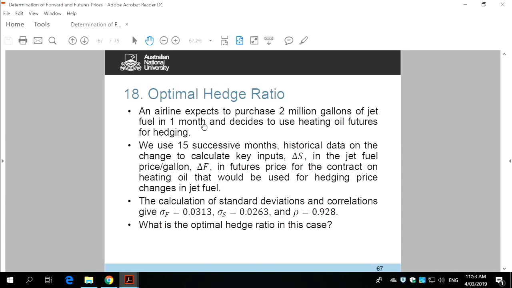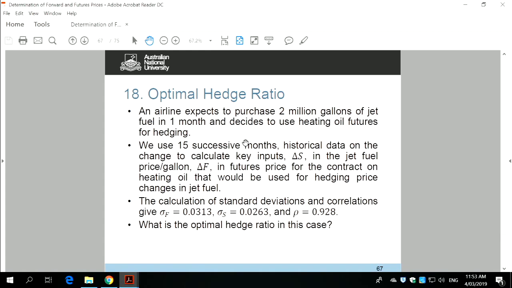So the question says, an airline is expected to purchase 2 million gallons of jet fuel in 1 month, and it decides to use the heating oil futures contract to hedge the risk exposure it has in jet fuel.